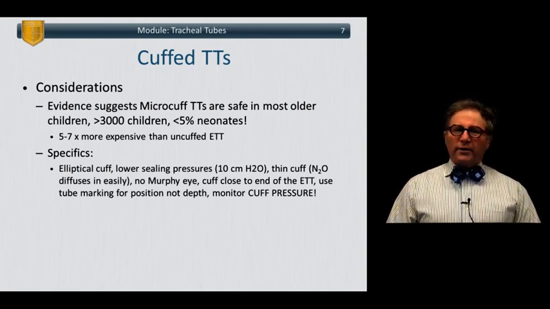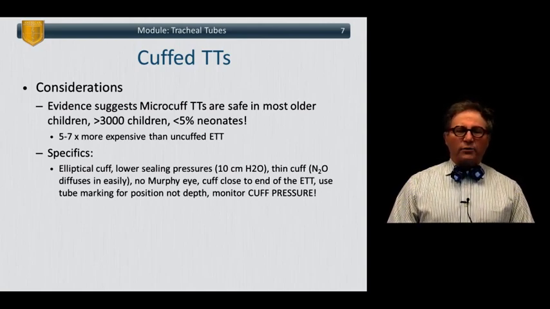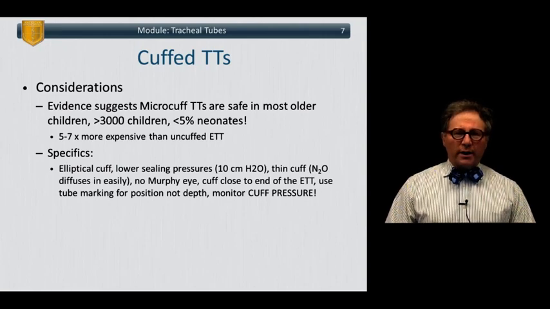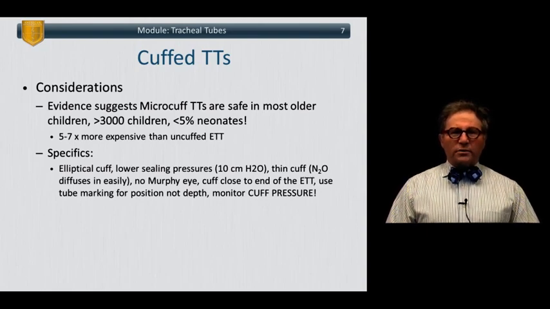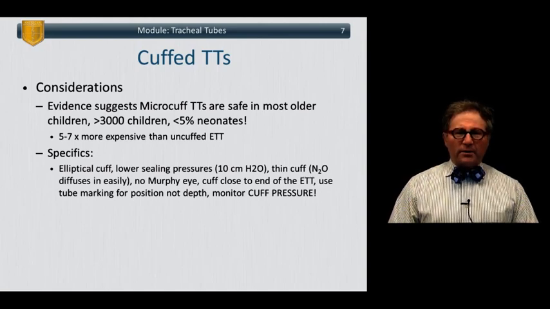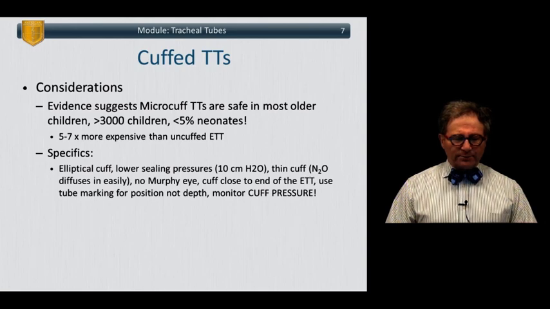However, fewer than 5% of those patients studied were neonates. I would also point out that some of these tubes are far more expensive than the standard uncuffed tracheal tube, and one may wish to adhere to cost containment and limit the number of the expensive tubes in your practice.